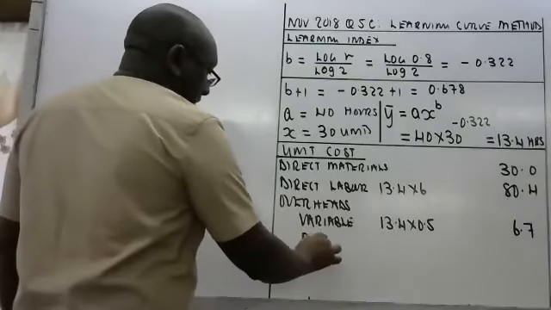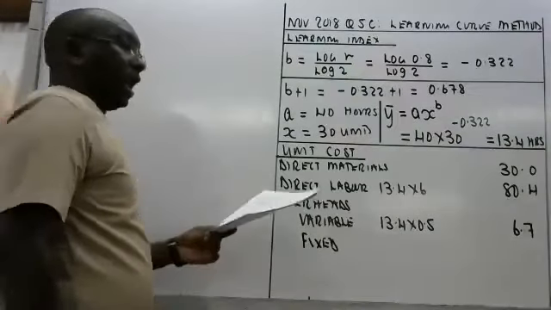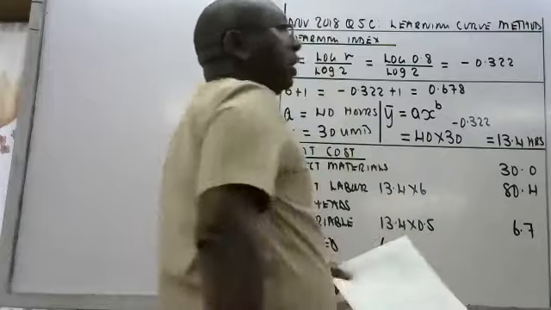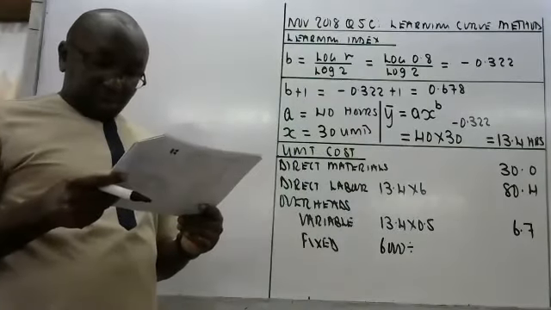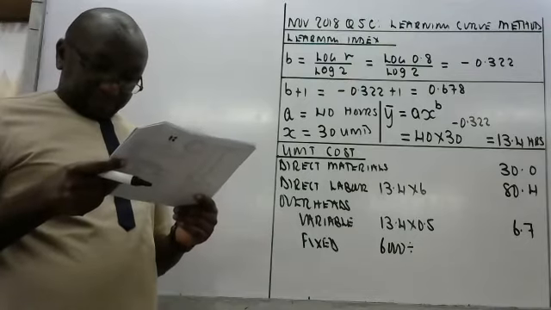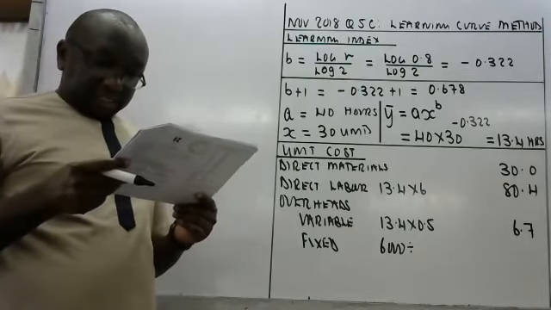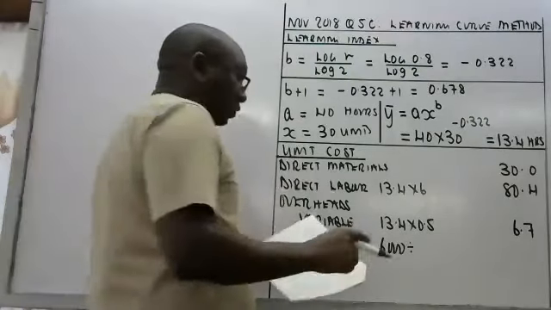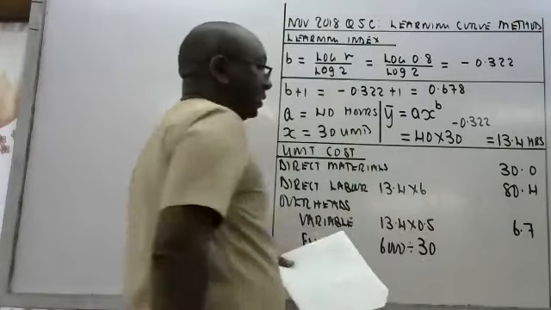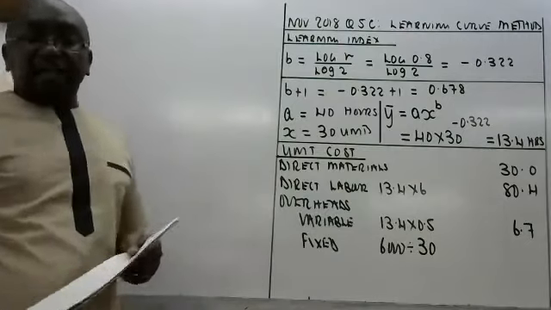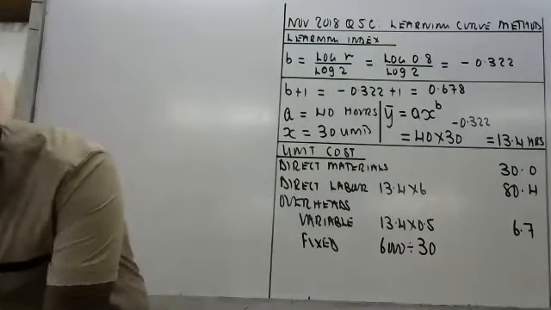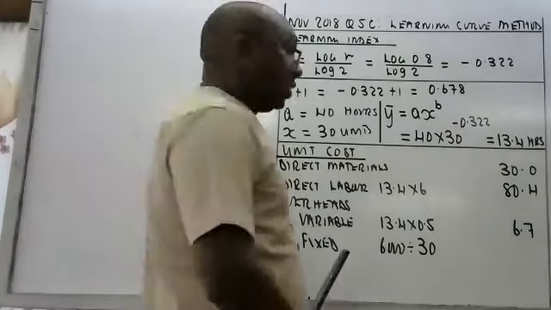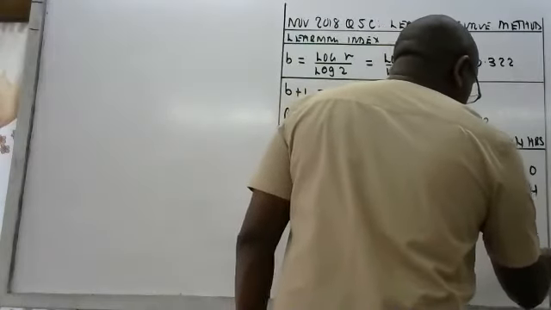Then for the fixed, we are given for the 4-week period as 6,000. Now we will assume that during this period, they only made that unit. So you divide by 30. Again, give me per unit. Per unit is 200.